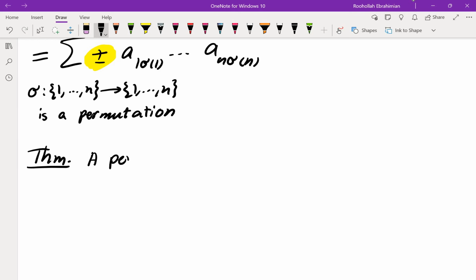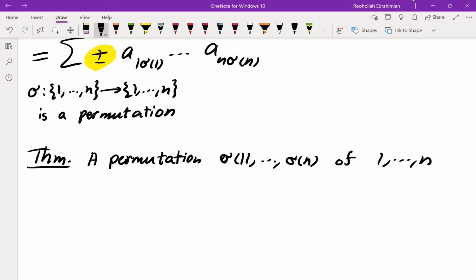A permutation sigma 1 all the way to sigma n of 1 through n.